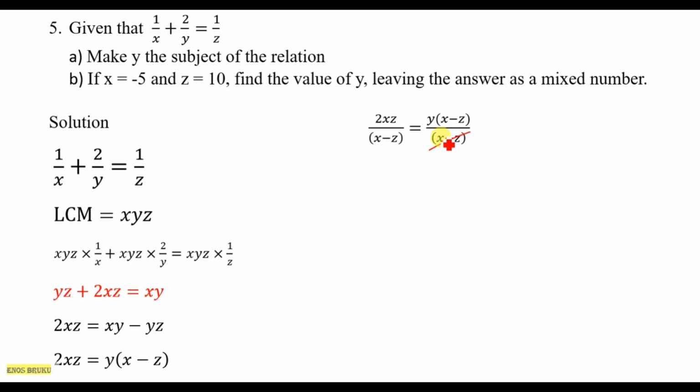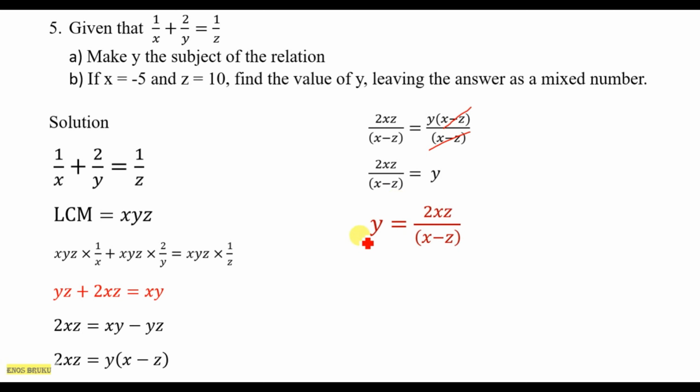Once we do that, this will cancel, and we'll be left with y at one side. So now we've successfully made y the subject, so therefore y is equal to 2xz over x minus z. Okay, so we have successfully made y the subject from this expression.